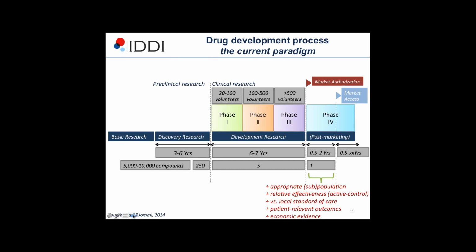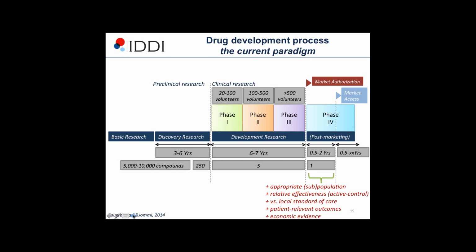However, it's common to include comparative effectiveness evaluation, and demonstrating relative effectiveness in addition to efficacy means providing evidence that the intervention has beneficial health outcomes under real-world conditions, as Rod was saying, and in comparison with the local standard of care. Also according to the specific subgroup population treated in a specific setting.